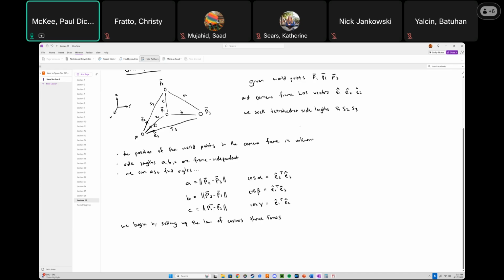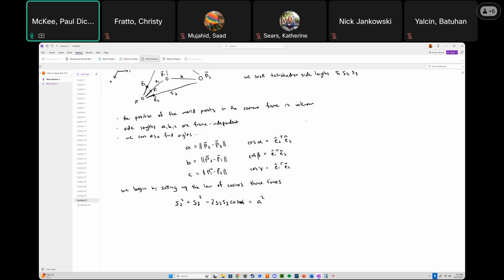So we'll start with the 2 and 3 side, which I guess would be kind of the top face of this tetrahedron. And we can say that S2 squared plus S3 squared minus 2 S2 S3 cosine of alpha, here that I'm talking about alpha, is A squared. Okay, and then following that same logic, I'm just going to write these all out.